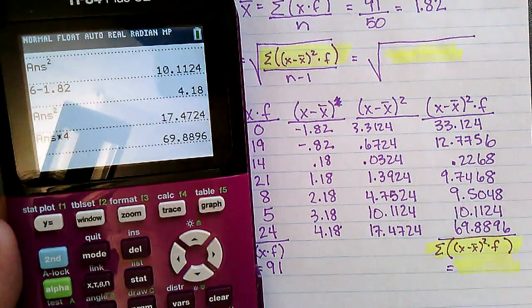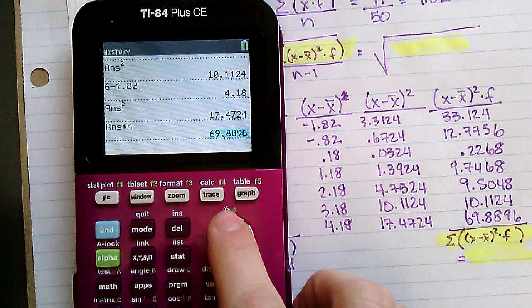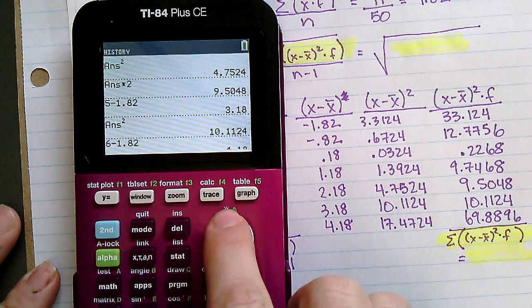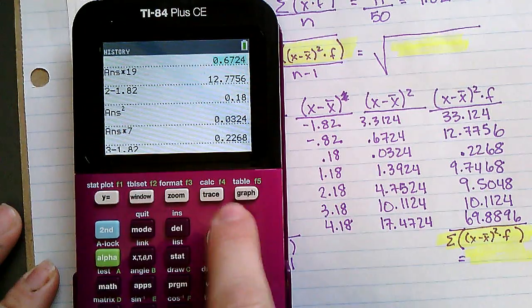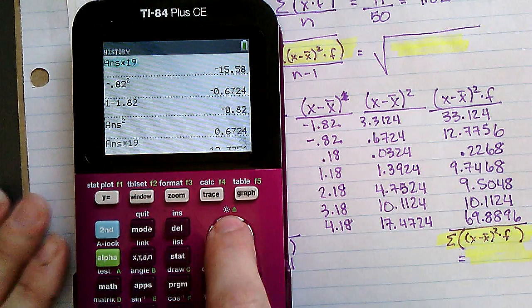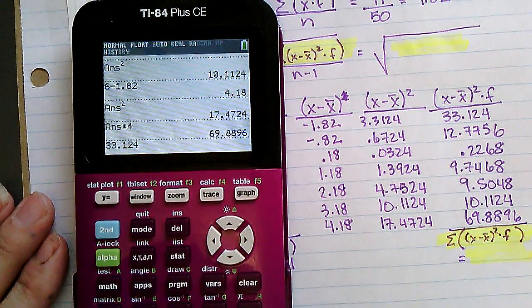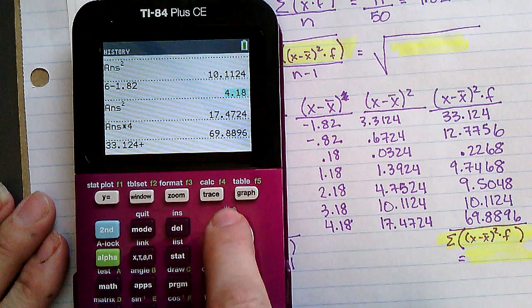If you don't want to type them in again, you may be able to arrow back through. I don't know which is more time consuming, if you arrow back through and add them all up that way, or if you just type them all back in.